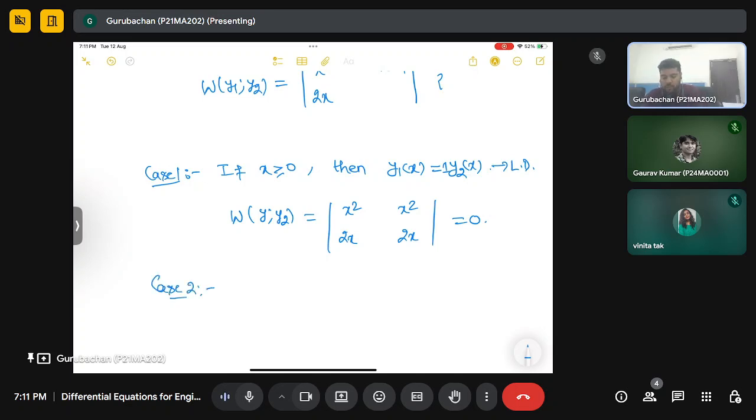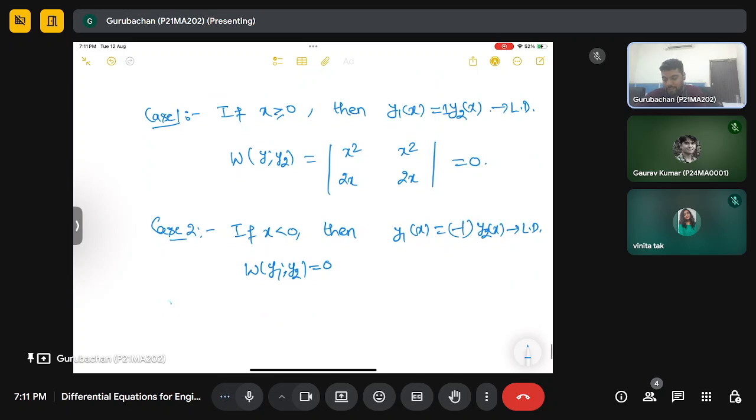What about case 2? If x is negative, then again y1(x) can be written as minus 1 times y2(x), linearly dependent, and calculating its Wronskian of y1 y2, this will again be 0.